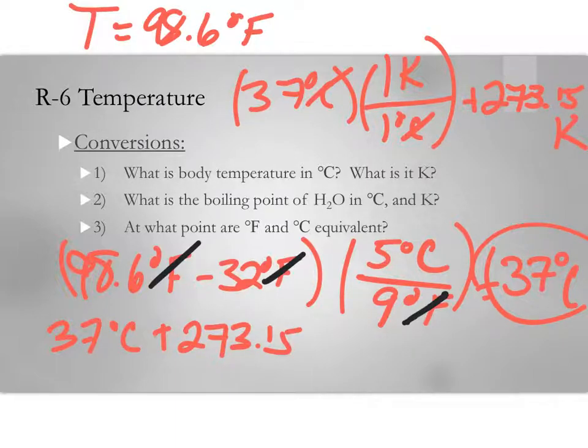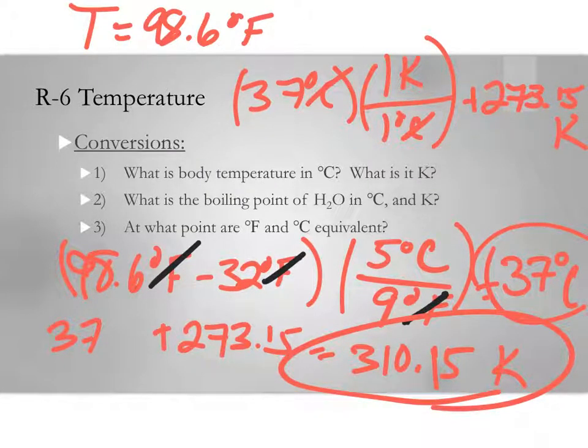But we can just simply take the number in Celsius and add 273.15 to it, and you get 310.15 Kelvin. And there's your body temperature in Kelvin.